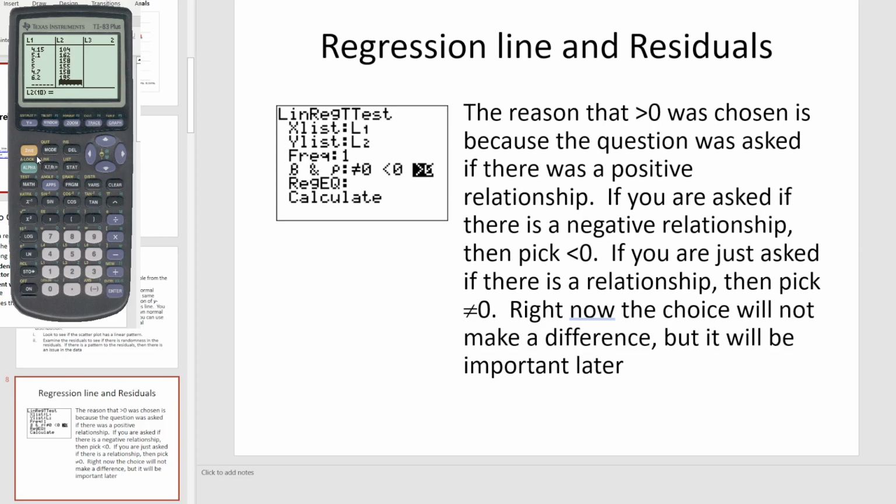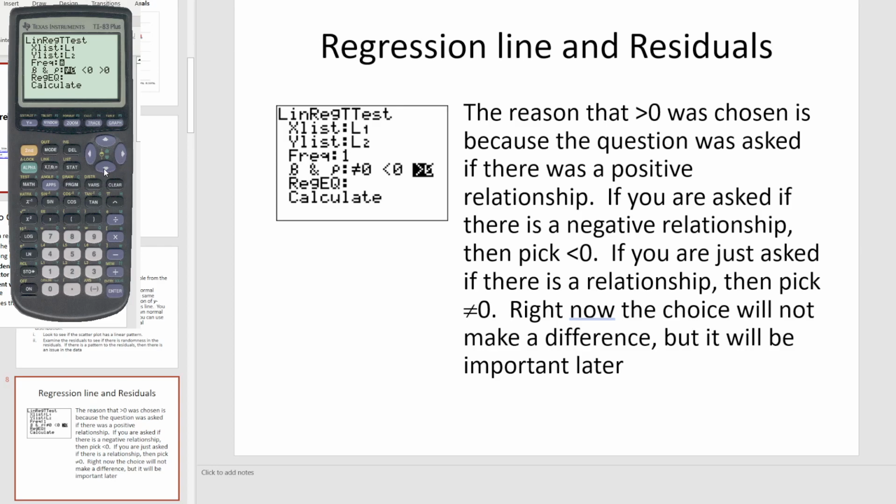And now we want to use, as you see on the screen, this thing called LinRegTTest. So I want to now go to Stat, Tests, and all the way towards the bottom of Tests, there is LinRegTTest. We want our X list to be L1 and our Y list to be L2 in this case, and they're already set up this way.